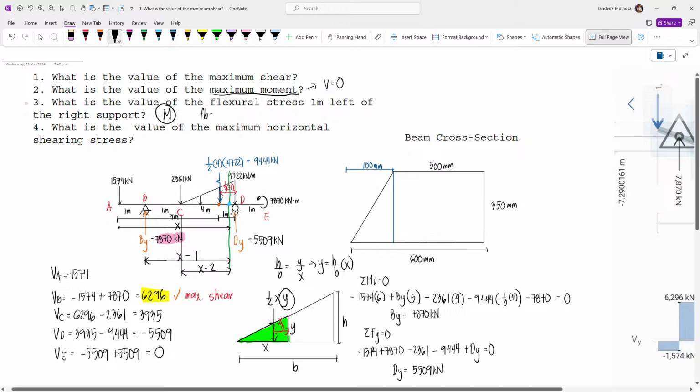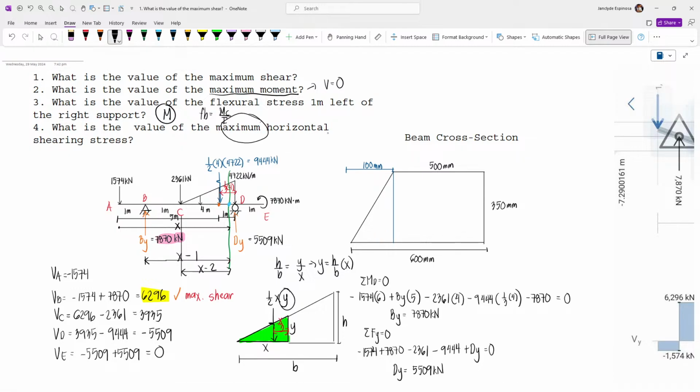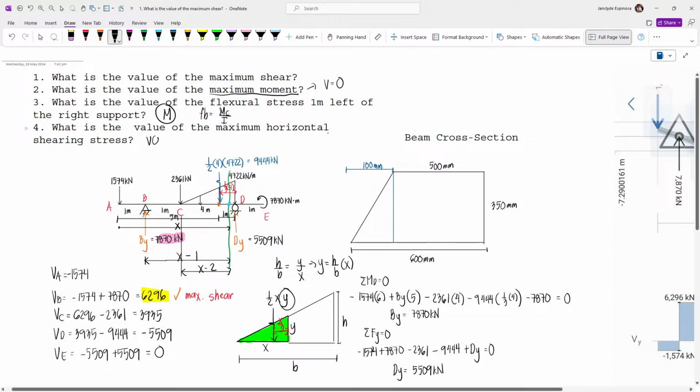Again, the formula is FB equals MC over I. You need to solve for C and I, but you can cover that if you like. Now, what is the value of the maximum horizontal shearing stress? You also use VQ. Again, FV equals VQ over IB.